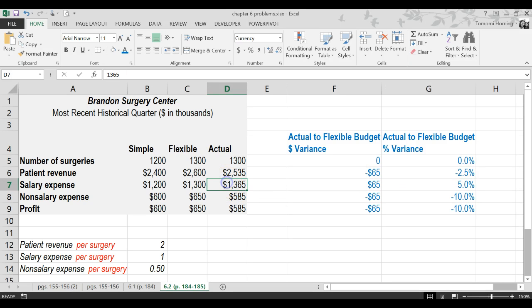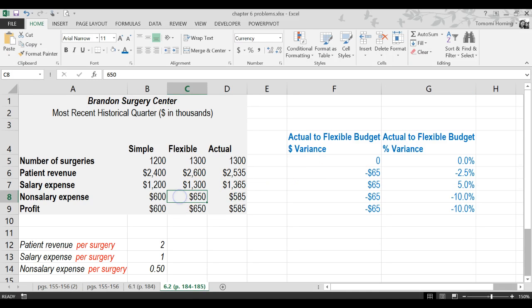In terms of salary expenses, we expensed almost $1.4 million when we really projected, or as our flexible budget outlined, we were only supposed to be projecting a $1.3 million salary expense. This resulted in a $65,000 overage, which resulted in a 5% unfavorable change, or an unfavorable performance indicator.